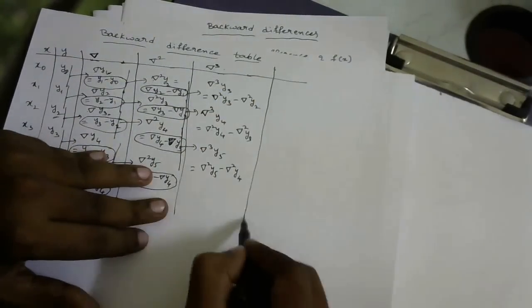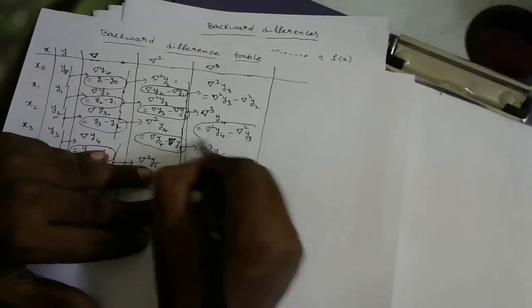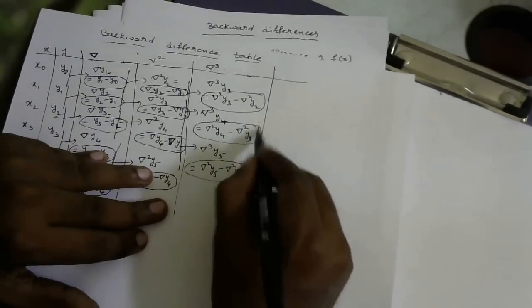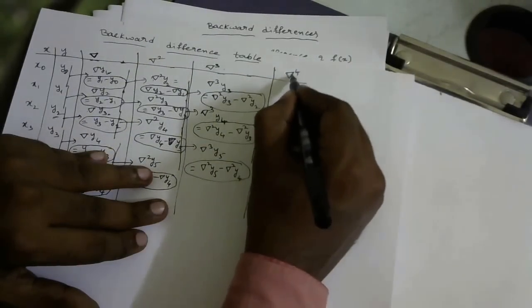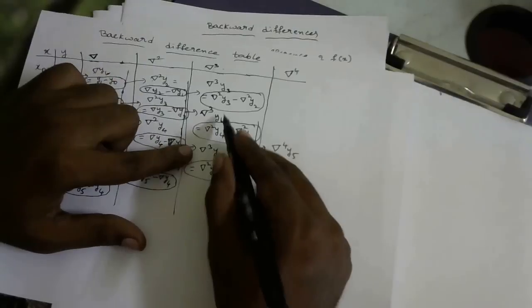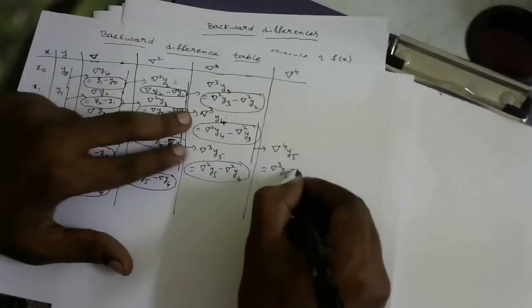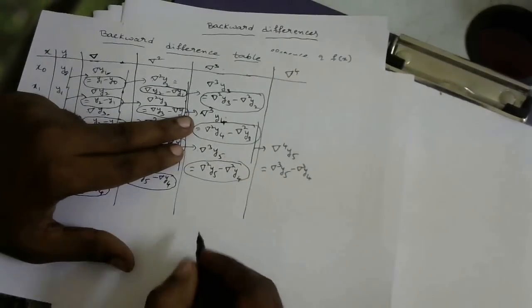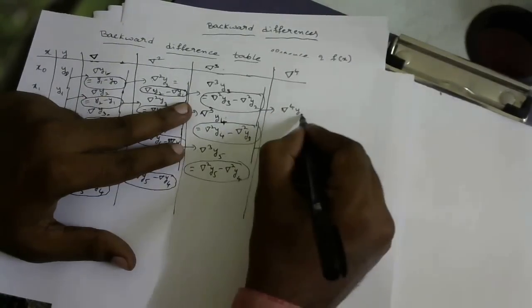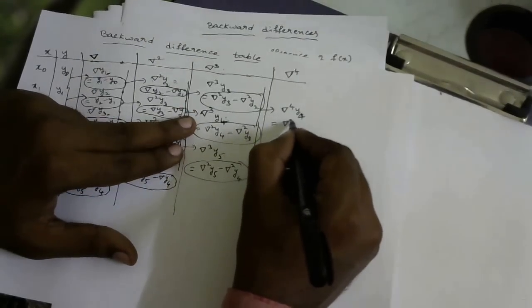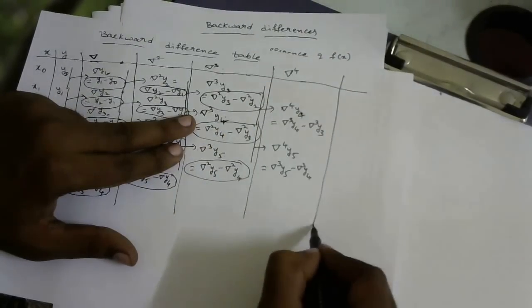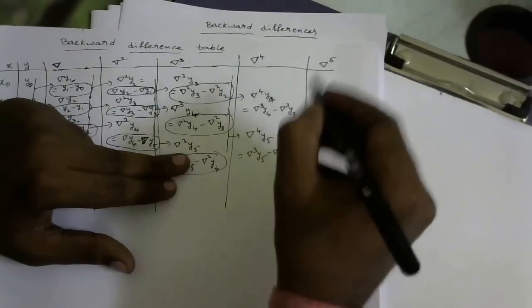Now the fourth difference. Here I am neglecting these elements. Del to the power of 4 y5 equals del cube y5 minus del cube y4. And del to the power of 4 y4 equals del cube y4 minus del cube y3. Now the last difference, del to the power of 5.